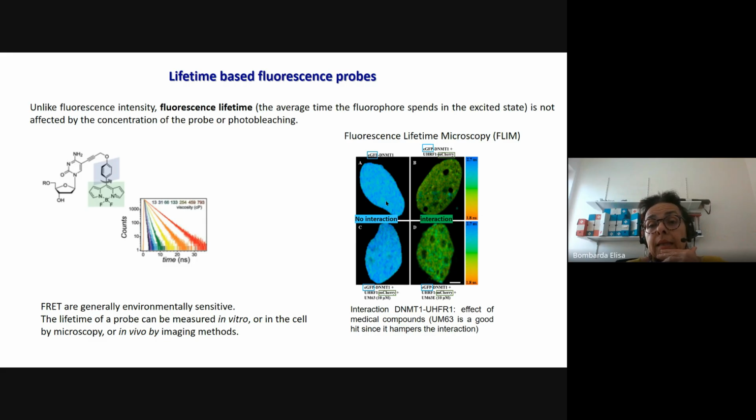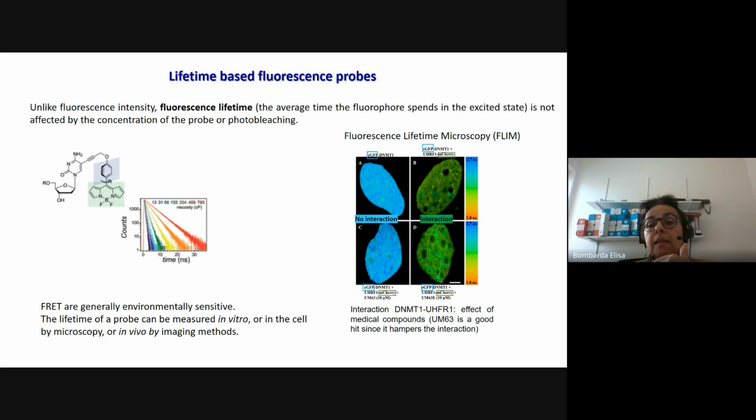Following the lifetime is the basis of a technique that you most likely heard about. It is called FLIM, which means fluorescence lifetime imaging microscopy. With microscopy we can work in cells, and that is just one example benefiting from the FRET between two molecules.